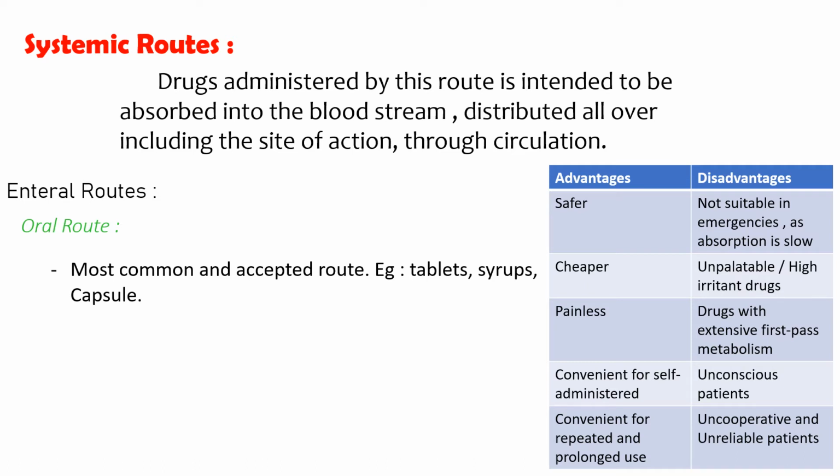And the disadvantages: it cannot be given in emergencies as the absorption rate is very low, highly irritant drugs cannot be given this way, and unpalatable drugs cannot be given this way. Extensive first pass metabolism, and we will discuss first pass metabolism in detail in another video. It cannot be given in unconscious patients, and uncooperative and unreliable patients.